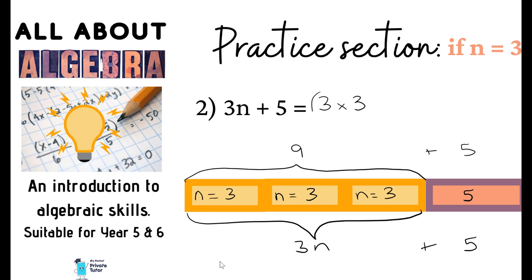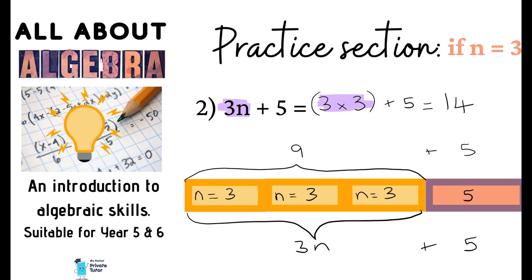And I'm going to just put that in a bracket just to show that that's my 3n. Okay, this is the same as this. 3n is 3 times 3. Now, if n was something else, if n was 5, then I'd have to do 3 times 5. But n is 3 in this instance. And then I need to add 5. So I've ended up with 9 plus 5, which is 14.